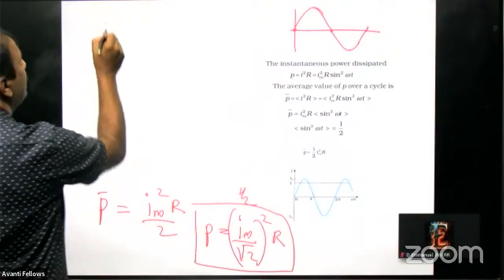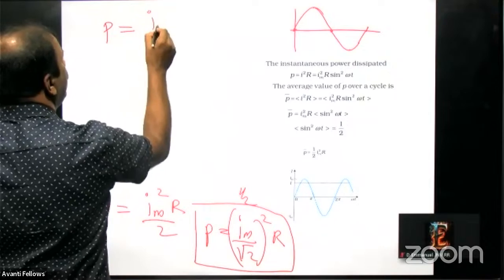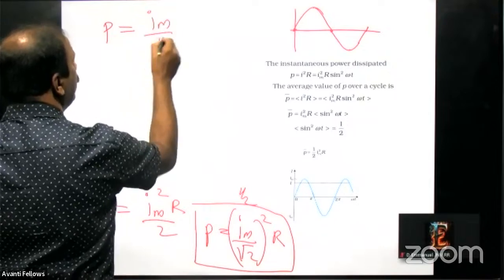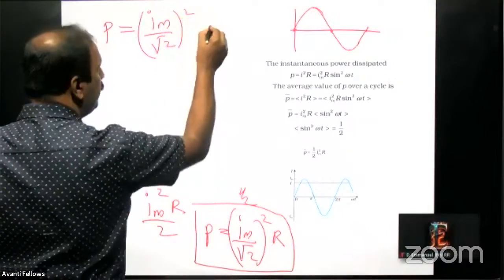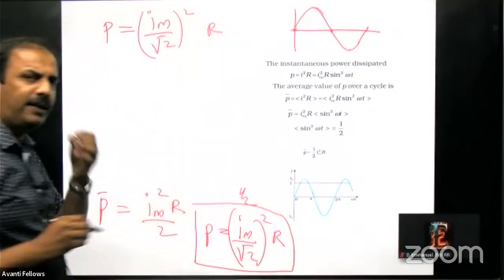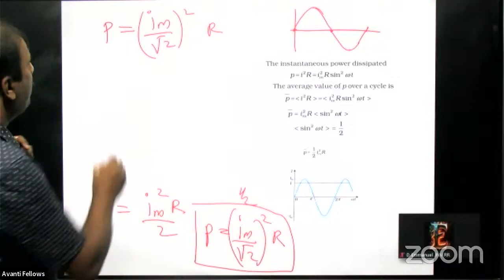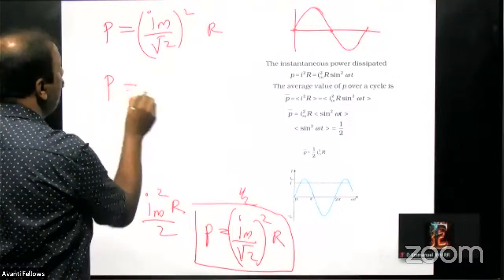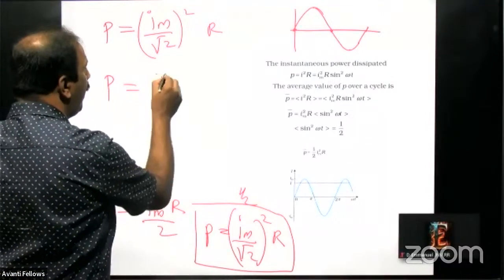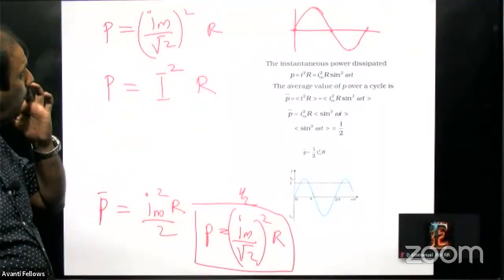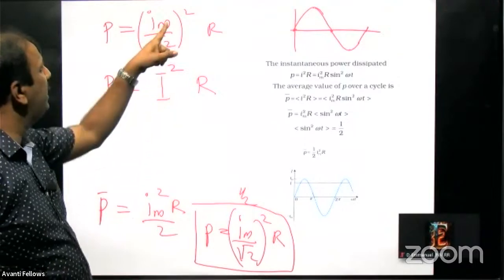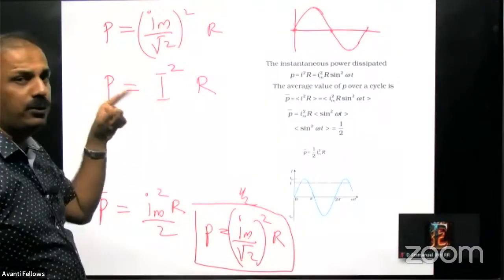The power is Im by root 2 square into R. If you take the case of DC, what is the power? Power is equal to I square R. In AC, it is Im by root 2 square.